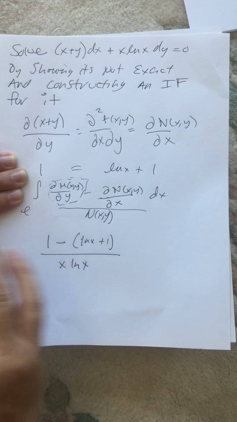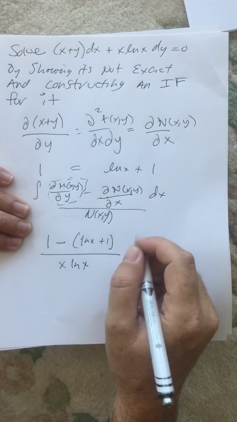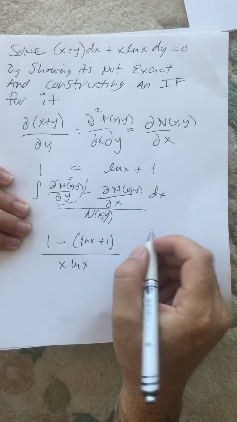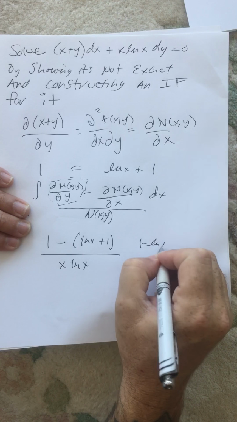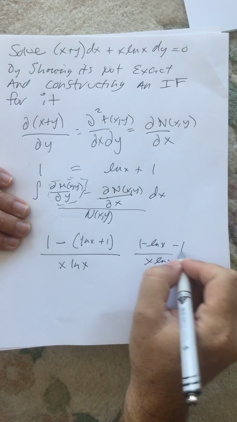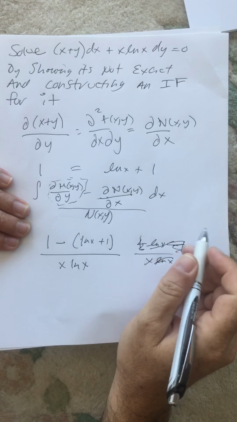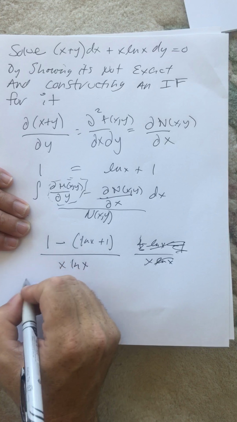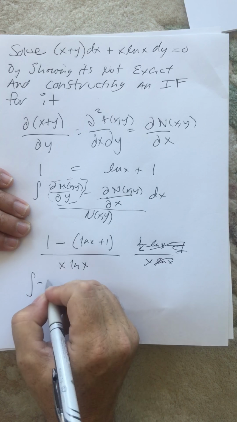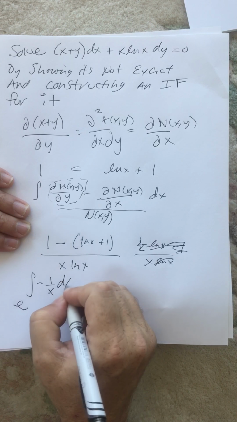When you get rid of this parentheses and multiply that negative through, you get 1 minus log x minus 1 over x log x. The log x's go away, so you have the integral of negative 1 over x, and e is raised to this integral dx.